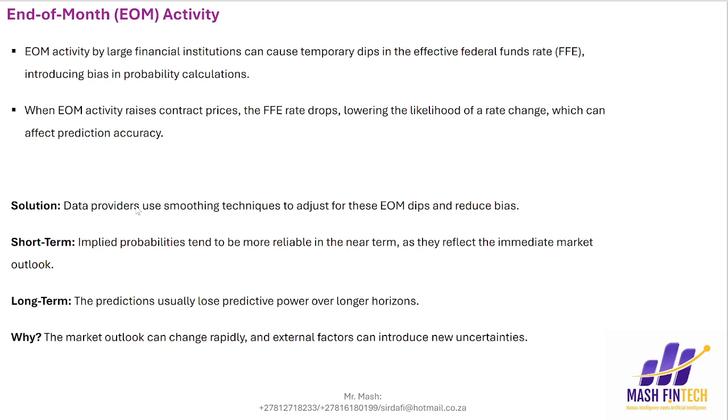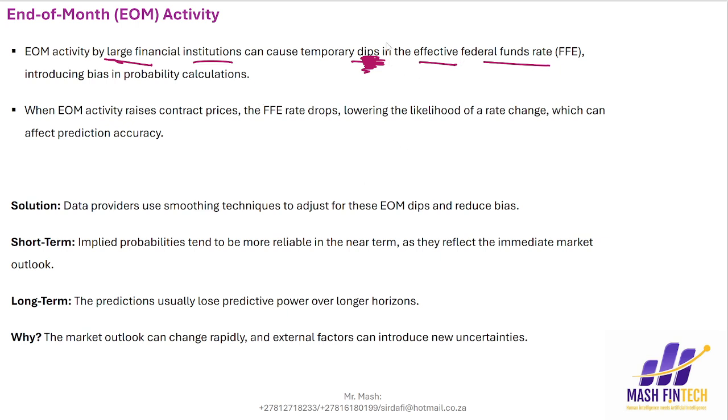In terms of end of month activities, towards the end of the month, activity is likely to increase, especially for large financial institutions. And when this activity increases, it may cause temporary dips or drops in the effective federal funds rate. Remember, this effective federal funds rate is the rate at which depository institutions are lending each other money.